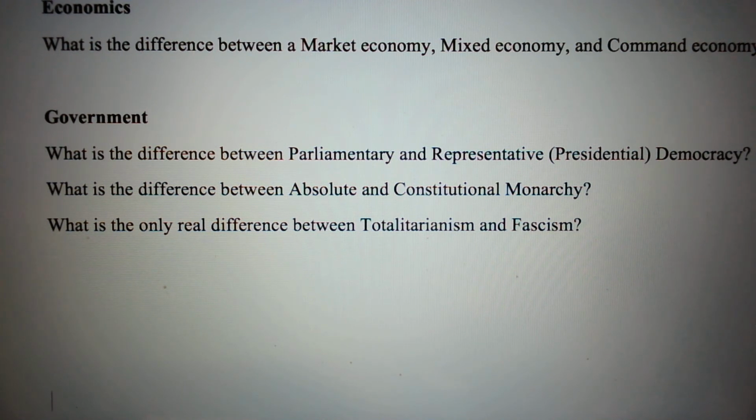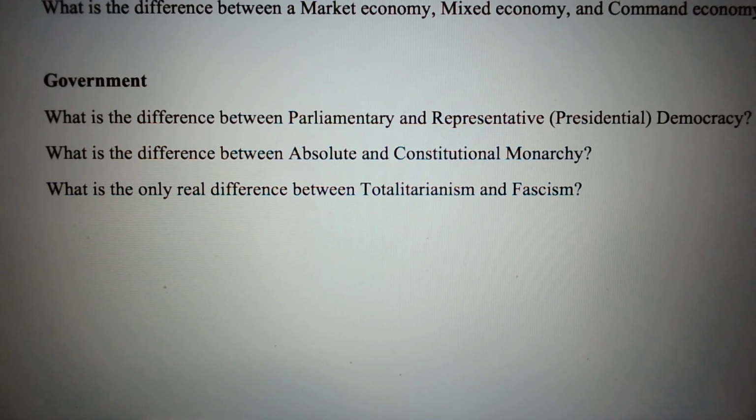All right, government. What is the difference between parliamentary and representative (presidential) democracy? The reason I have presidential in parentheses is because on a milestone test, they like to put presidential as the term instead of representative, even though nobody says presidential democracy in real life. But presidential just means representative. So parliamentary democracy, this is where the people vote for the political party.